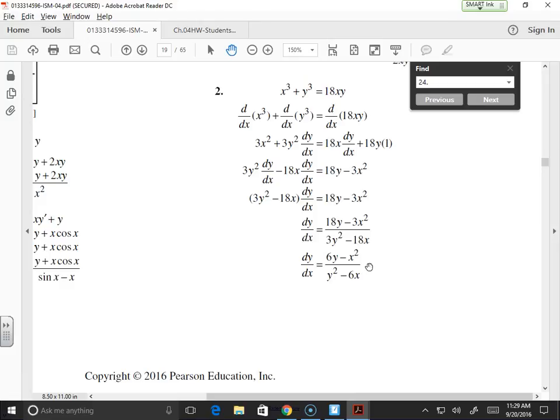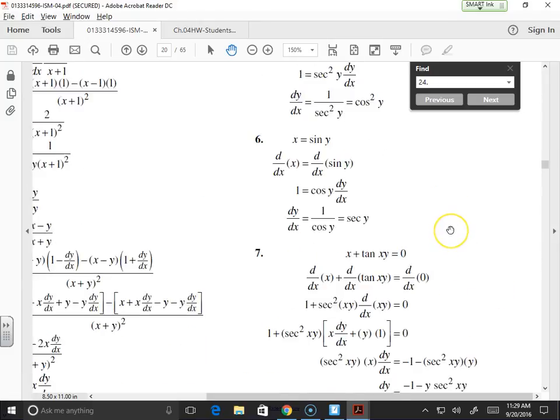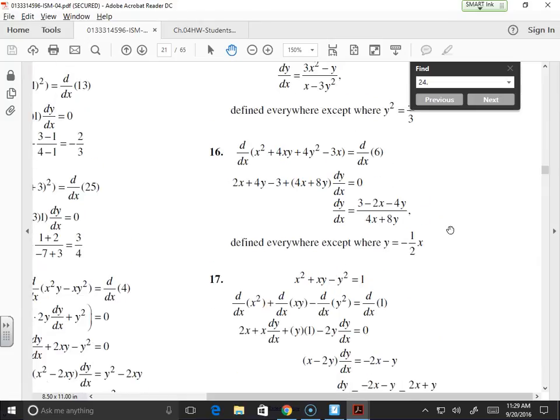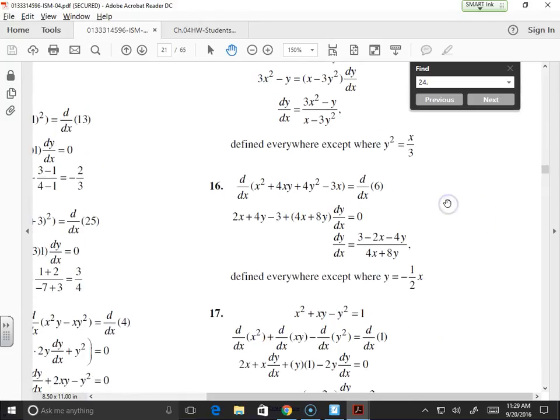You got the right answer, you just simplified. They have 18y minus 3 squared. Your signs are all switched, opposite. So it's the same thing: pull out a -1, pull out a -1, and cancel. If the signs are completely flipped, it's still proper to pull out a negative. If all the signs are opposite, pull out -1s and make sure it's good.